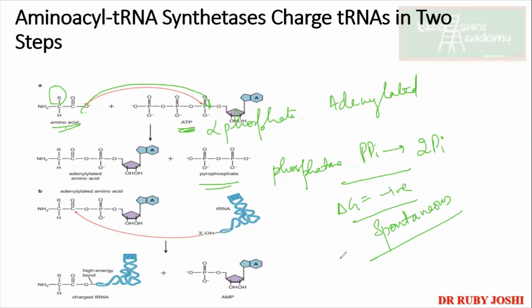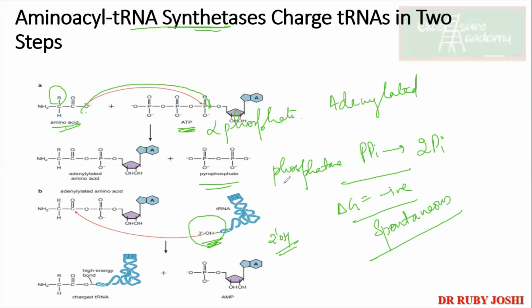Now, next step. This is the adenylated amino acid. Obviously each amino acid, be it glycine, serine or threonine, before getting charged onto the tRNA, is going to form the adenylated form of the amino acid. Now, this 3' OH, for example, we are just talking about the 3' OH; it can also be the 2' OH, depending on the class of the tRNA synthetases.